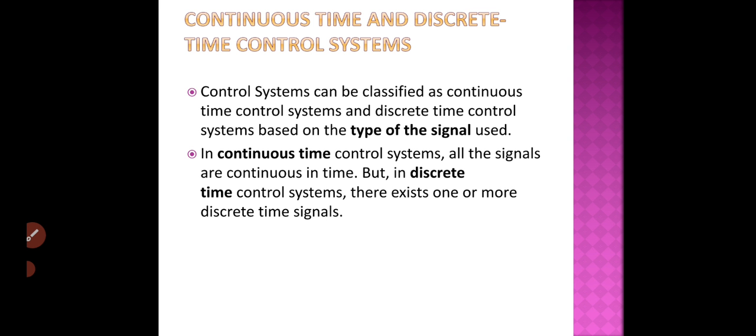In a continuous time control system, all the signals are continuous in time, but in a discrete time control system, there are one or more discrete time signals which are discrete with respect to time. That's why it is called a discrete time control system.